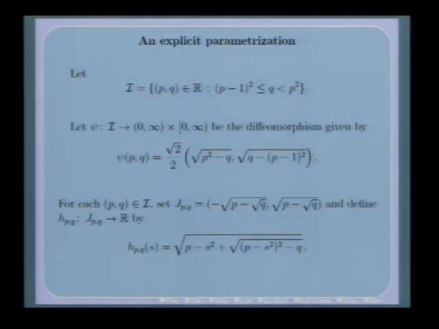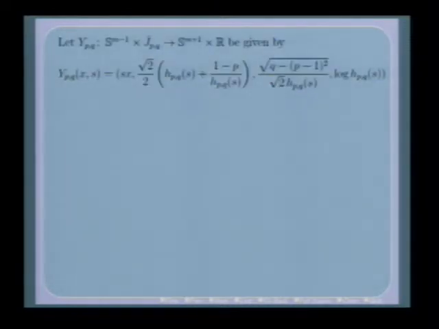So for each pair of points in this subset, bounded by two parabolas, we define this open interval and this real function. And here is the explicit parameterization of any such submanifold. And in this parameterization, it already becomes clear that it's a rotational submanifold.